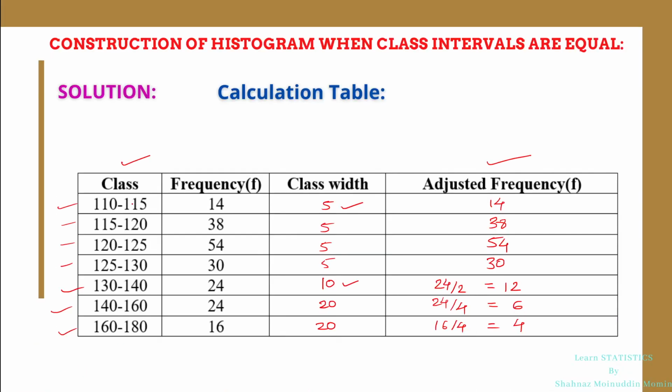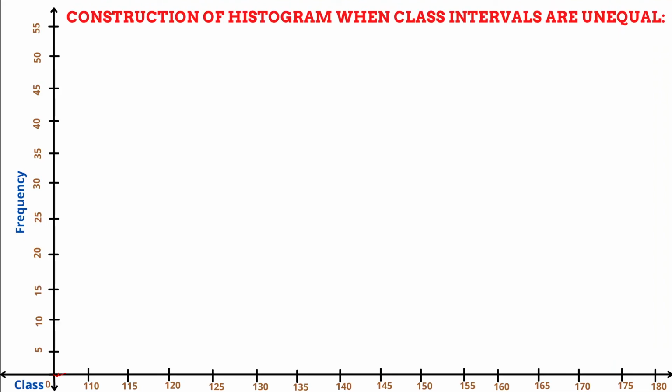Now for the first class 110 to 115, the adjusted frequency is 14, so I will draw a rectangle of height equal to 14 for 110 to 115.